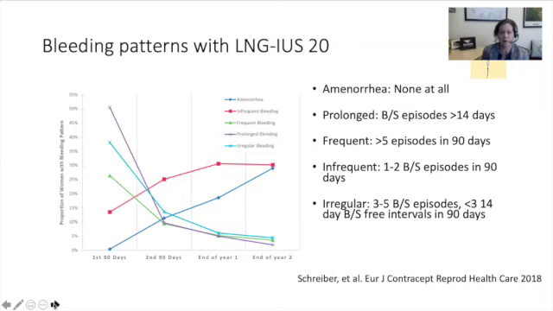Amenorrhea in dark blue, prolonged bleeding in purple, irregular bleeding in light blue, and frequent bleeding in green. Frequent bleeding is more than 5 episodes per 90-day interval. This trial includes nulliparous patients, including teens, and neither obesity nor parity consistently affected patterns in this study. Next slide.